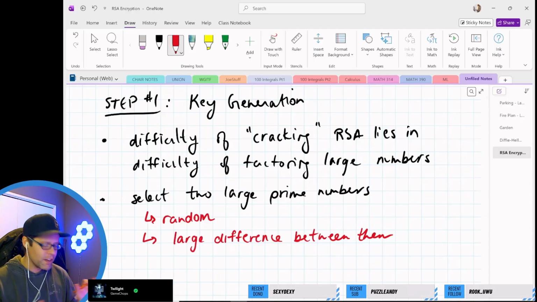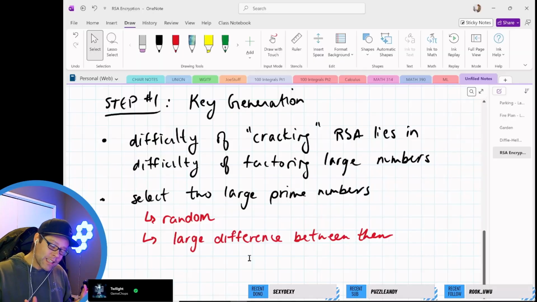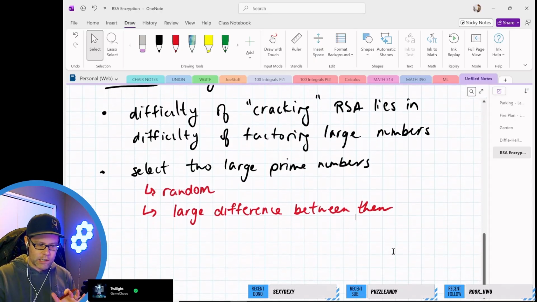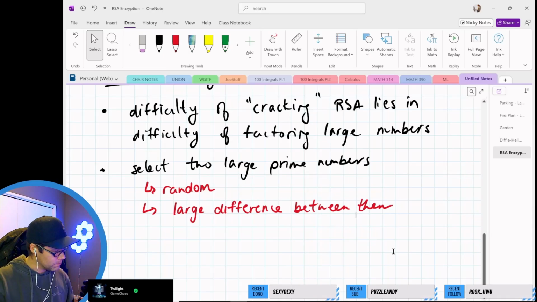There's probably some algorithm that would help us easily decipher the RSA algorithm if these prime numbers were relatively close together. I'd have to read a little bit more. I don't know exactly how big that difference has to be, and I'm not exactly sure why they require this, but I suspect that the large difference is needed to ensure the safety of the algorithm.